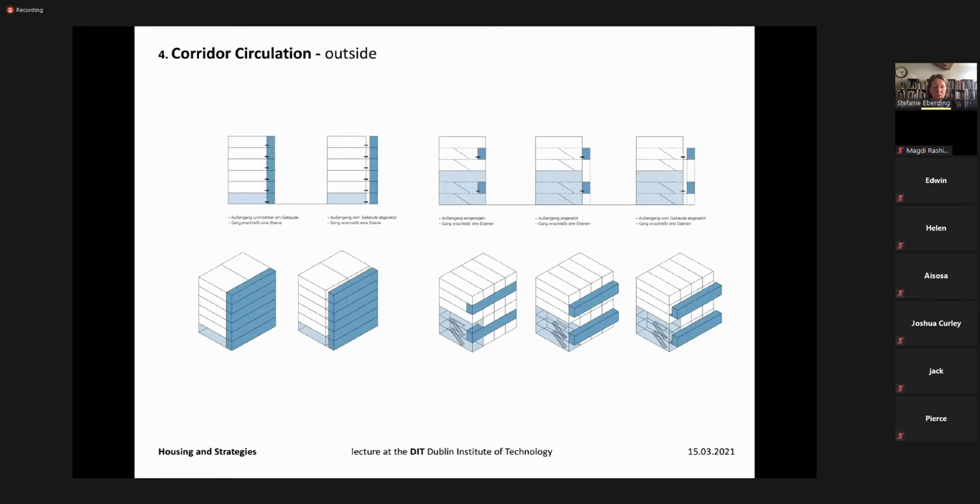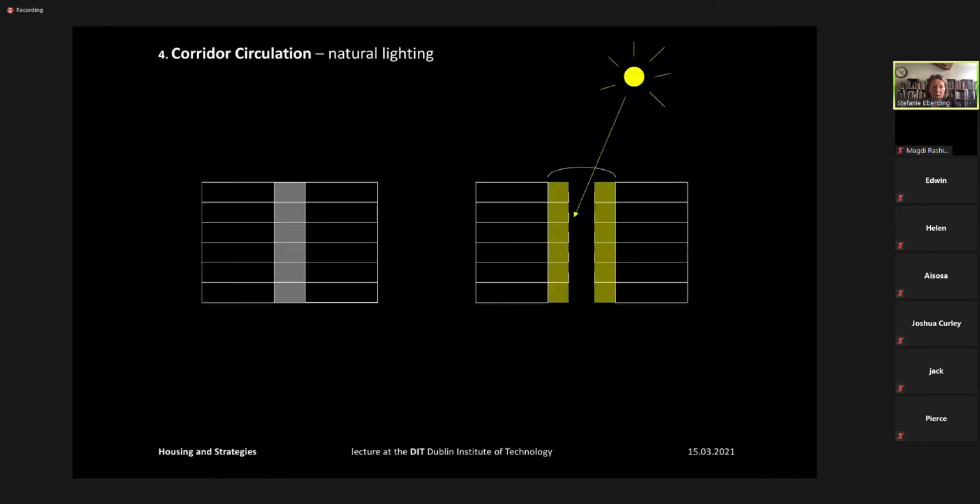Now I come to the corridor circulation, to examples for the horizontal circulation. We start with some aspects. One important thing is, if you have an interior corridor in your apartment, you have to provide light into the corridor.